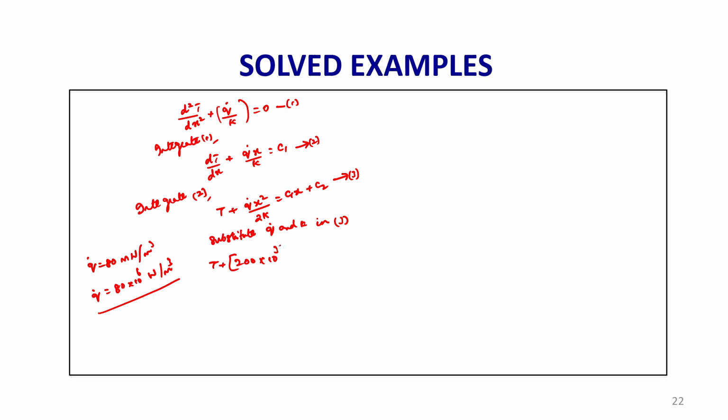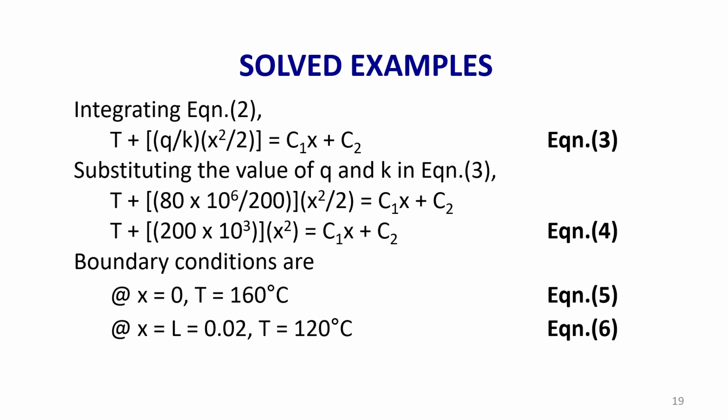We need to find the constant values C1 and C2, and only then can we find the value of x and the maximum temperature T max. So, this is equation number 4.